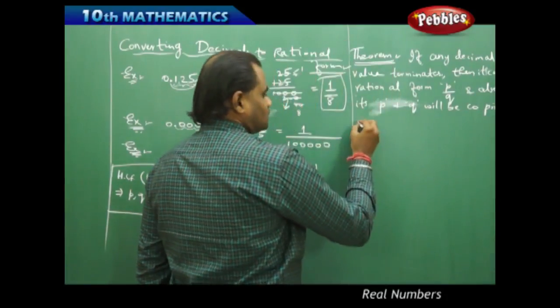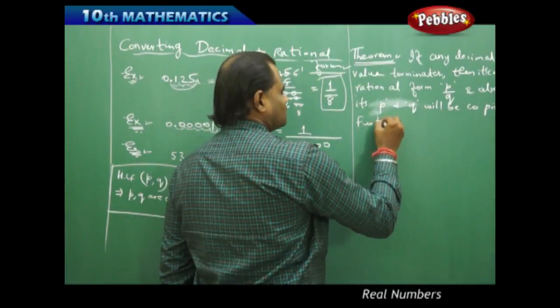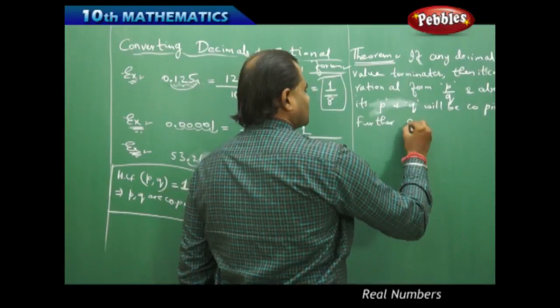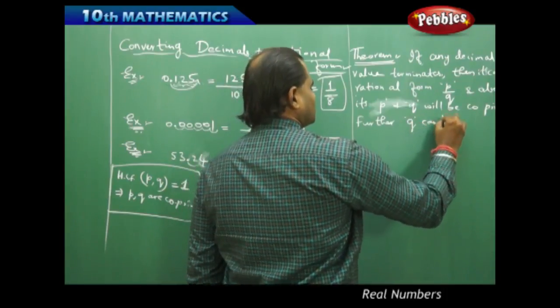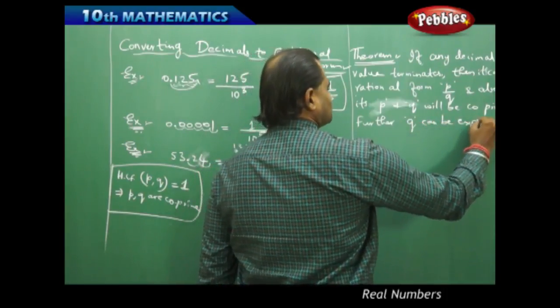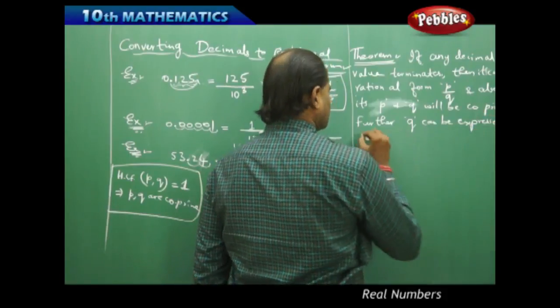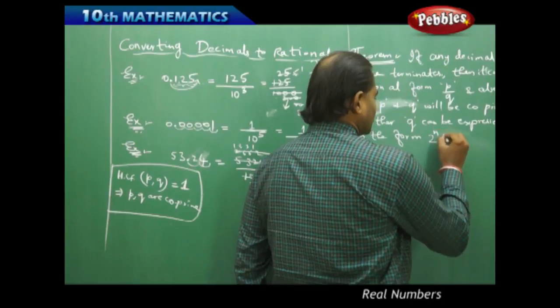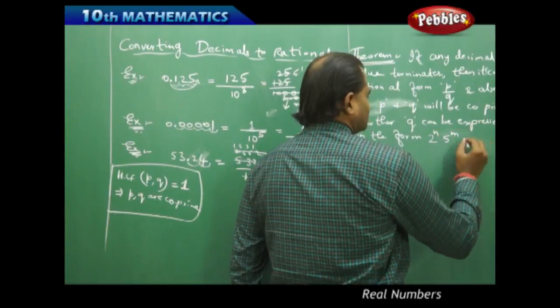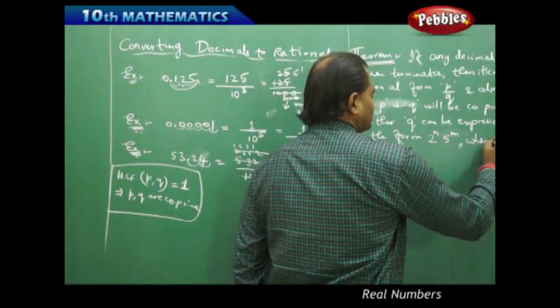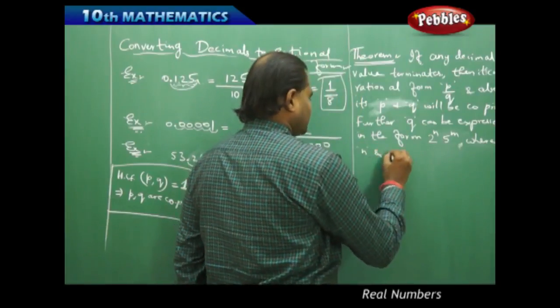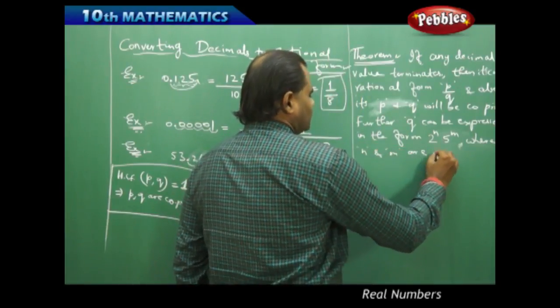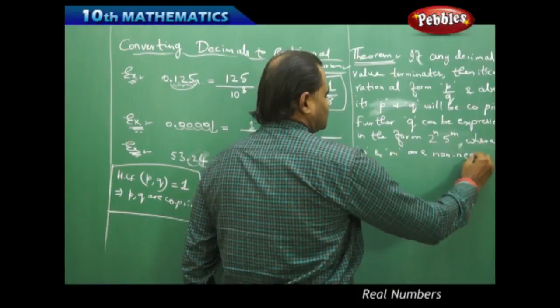And further, Q can be expressed in the form 2 power n 5 power m, where n and m are non-negative integers.